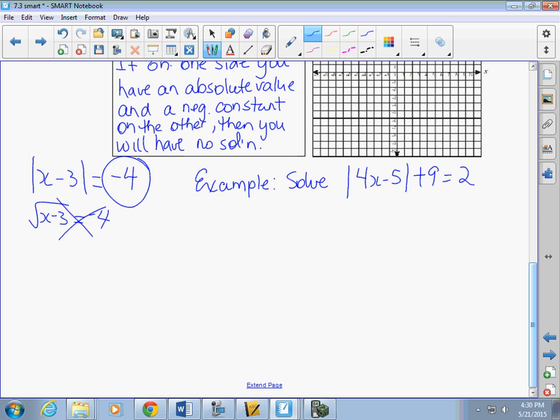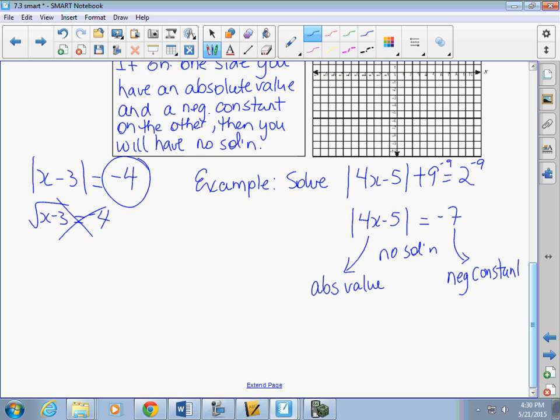So when I go to solve this, I'm going to have absolute value 4x minus 5 is equal to negative 7. I subtract 9 from both sides. So this is a no solution because I have absolute value on one side, negative on the other. So that makes for a no solution.